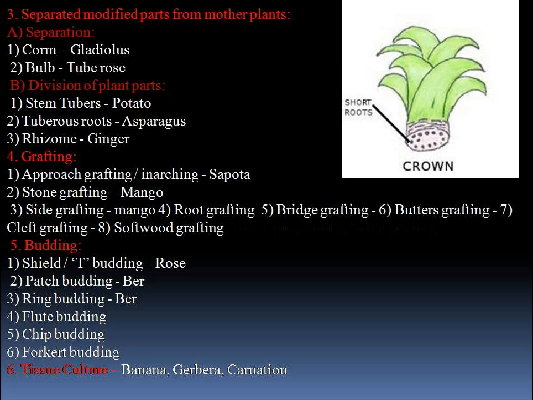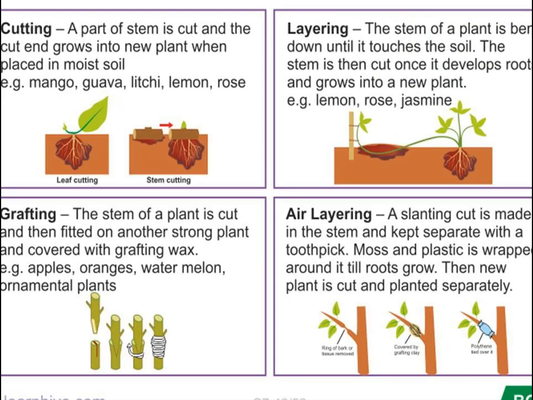And grafting, different types of grafting are there. So a stock will be there and a scion will be there. The stock is nothing but the tree on which we will grow the scion part. So here this is grafting.